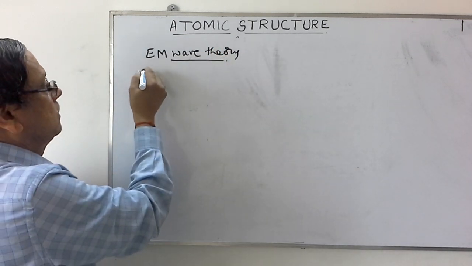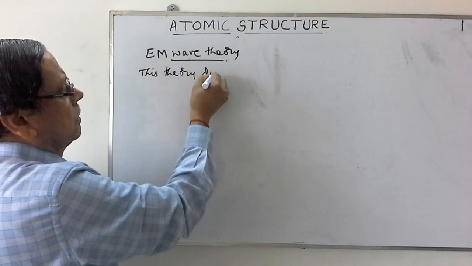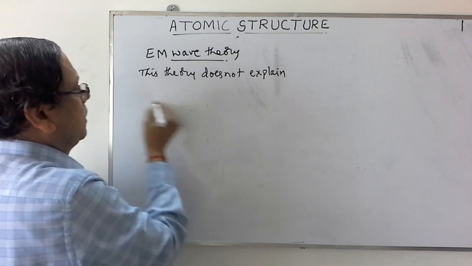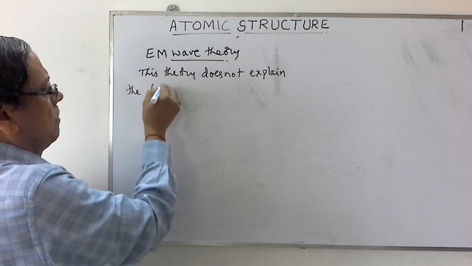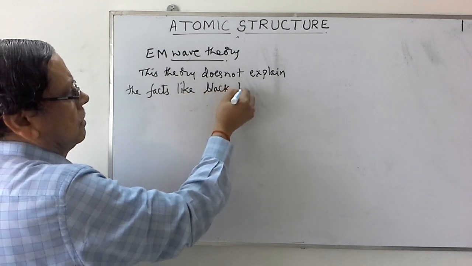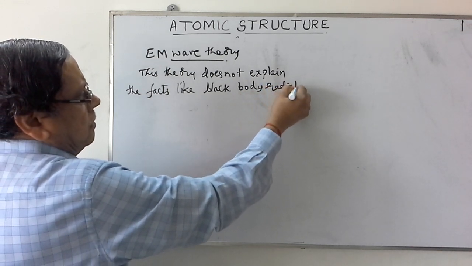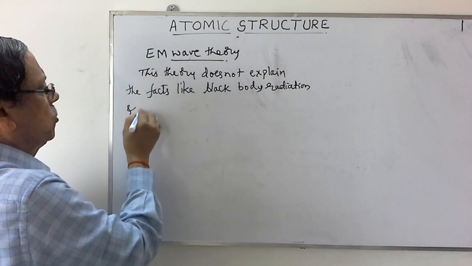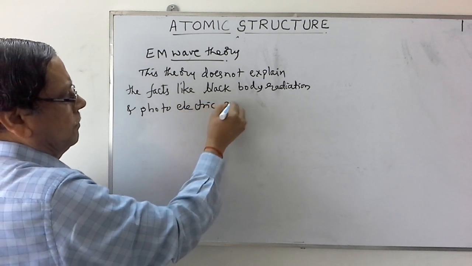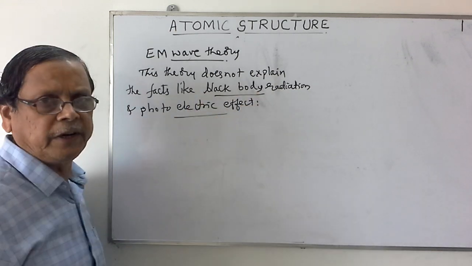One such fact, this theory does not explain, is facts like black body radiation and photoelectric effect. Now let us see what is meant by black body radiation and photoelectric effect first.